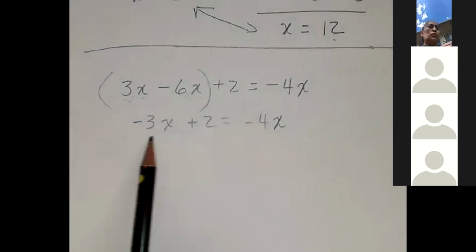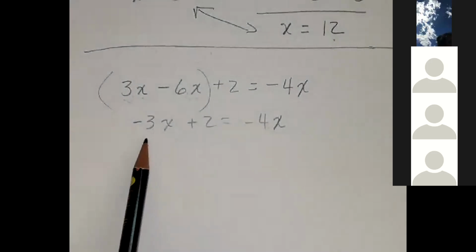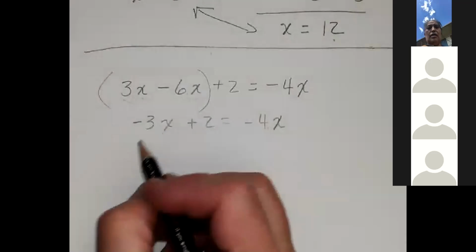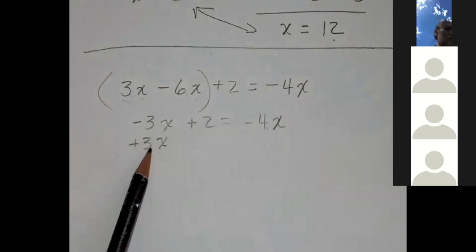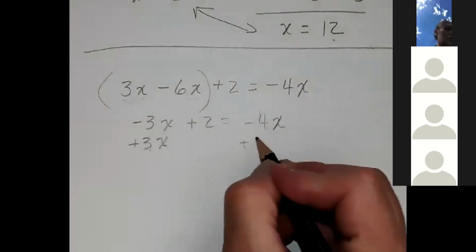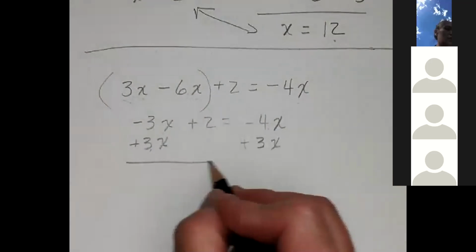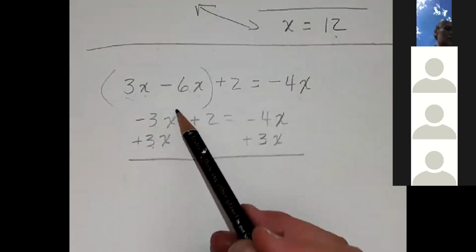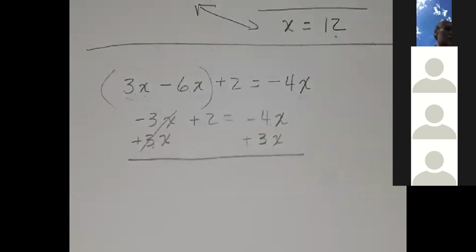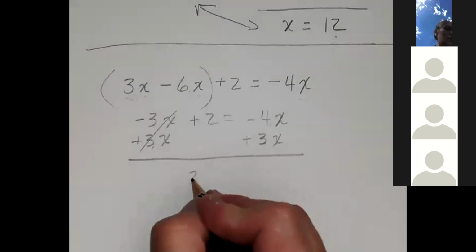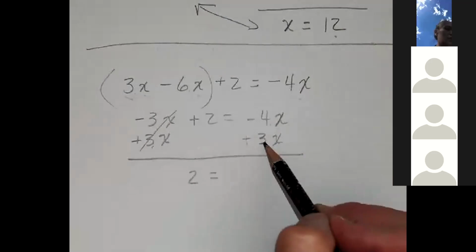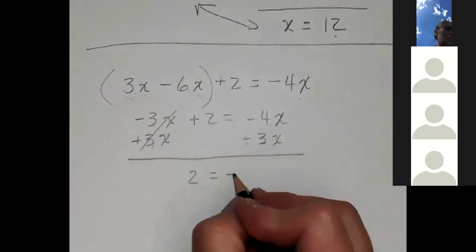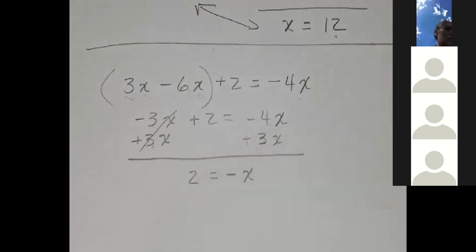This one, it's going to be easiest if I add 3 times x to both sides. That makes this one go away. And then that leaves me with 2 equals. So -4 plus 3 gives me negative x.